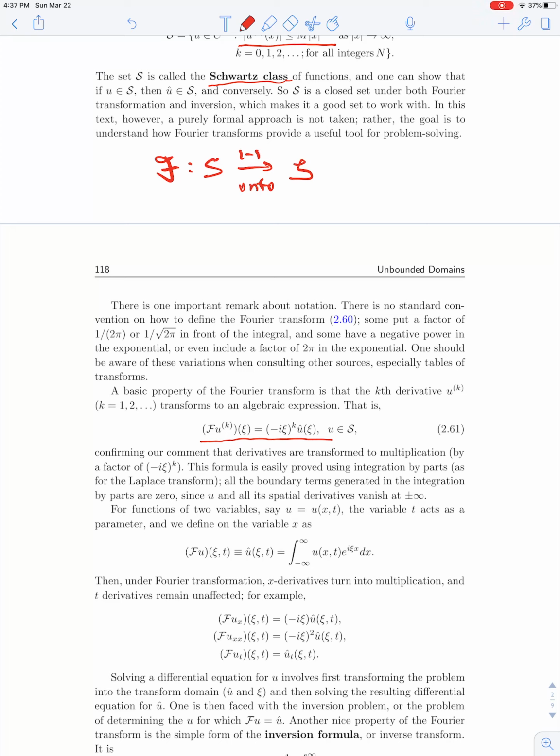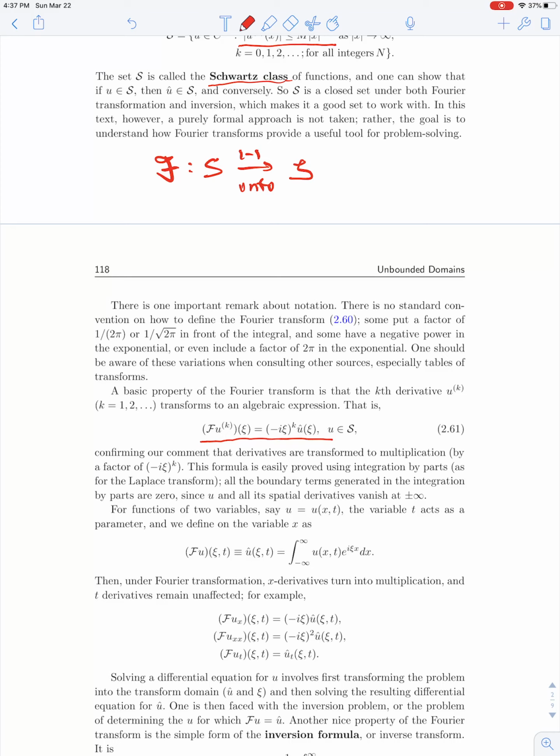It's just modifying this term, similar to the Laplace transform. Now, we don't have a boundary term here because in our assumption, u is a rapidly decreasing function. Now, let's see how this formula comes about.